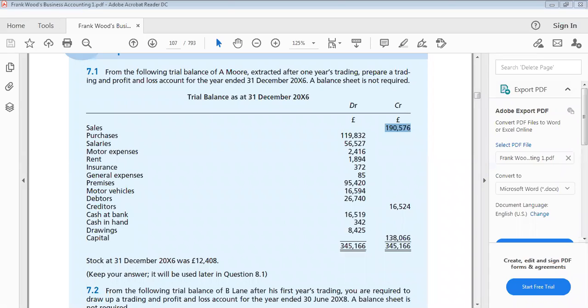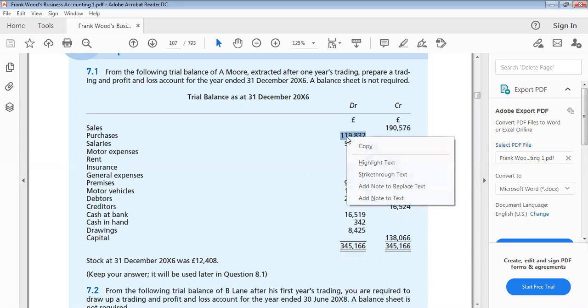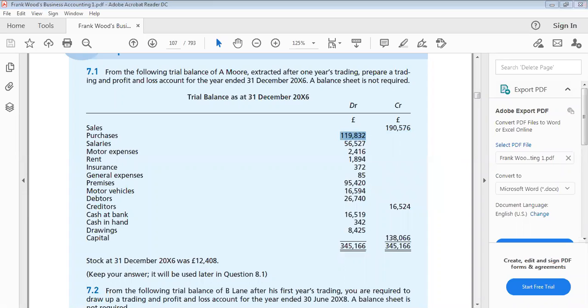Now in this case, our purchase figure is how much? 119,830. Watch me now. If, however, I had something called returns outwards, watch me now, please, I would then have to less return outwards from the purchase figure.